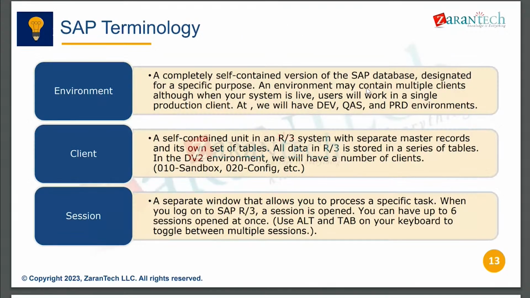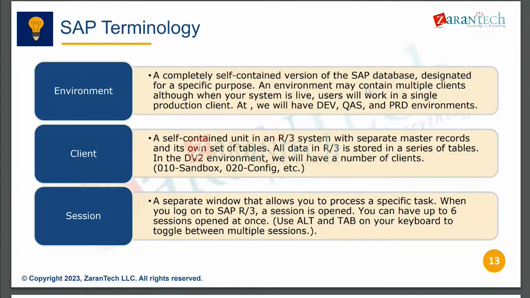So now we'll see the SAP terminology. Most of you probably know this, but we can brush up first. Environment: we have different systems for each and every SAP system. Environment is the terminology we use for the development environment, quality environment, and production environment. In the development environment, we have a test system or golden client where you do the configuration.